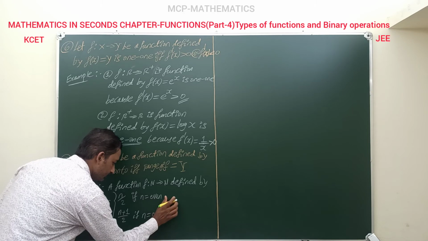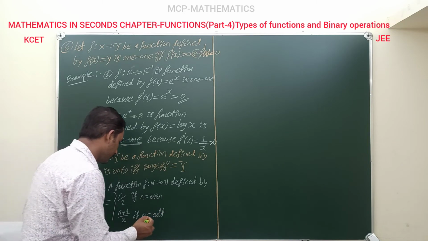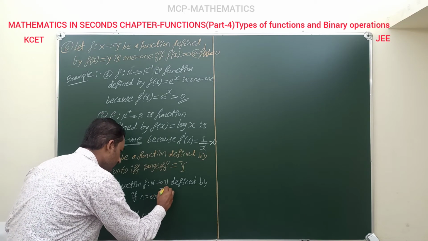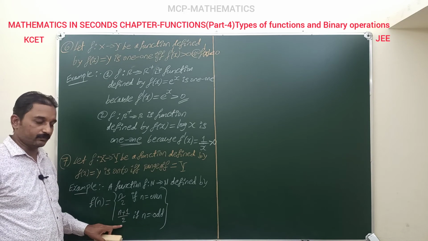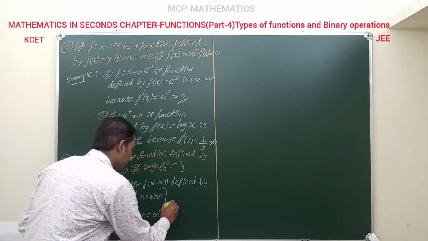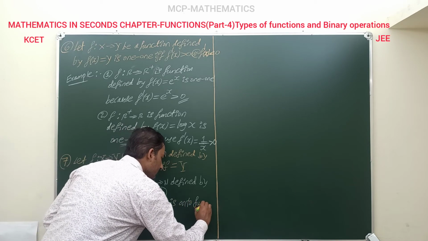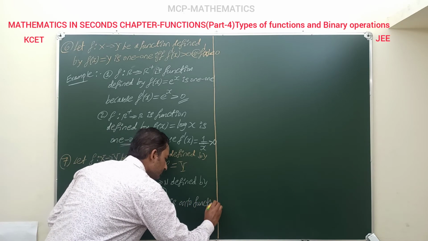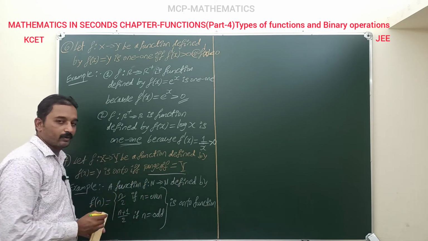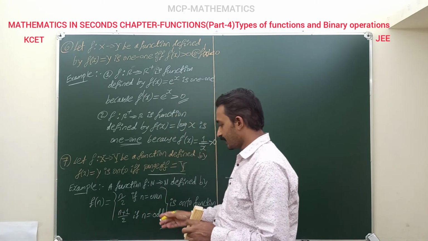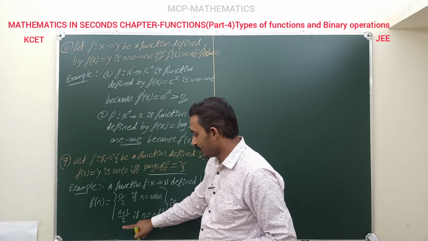Is it an onto function? We identify this using the condition that the range of f is equal to the codomain. First we have to find the range. The input values are natural numbers, and the output is either n by 2 or n plus 1 by 2.